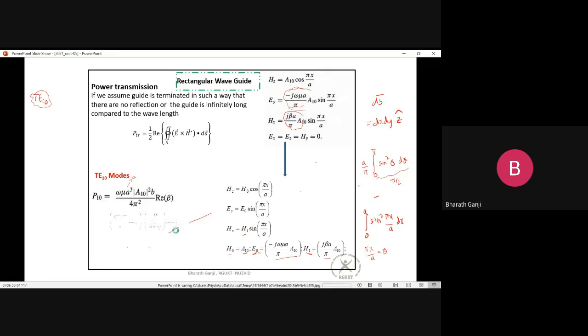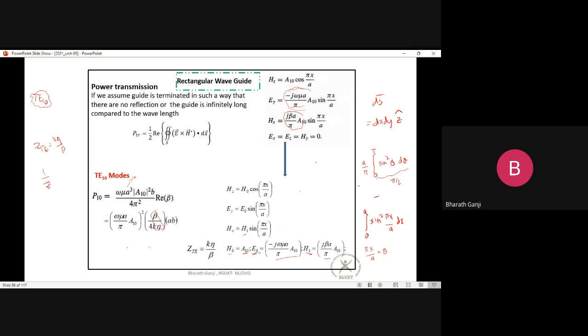Okay, so I am left with this factor now, and in this factor, what is the wave impedance for a TE mode? For TE mode the wave impedance is nothing but k eta by beta. So this factor is nothing but 1 by ZTE.